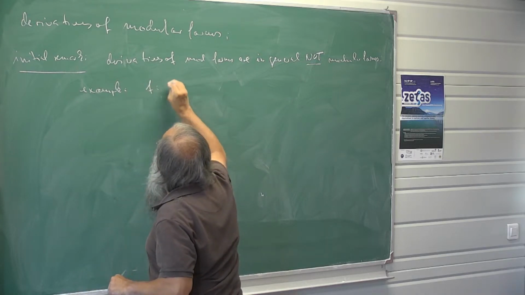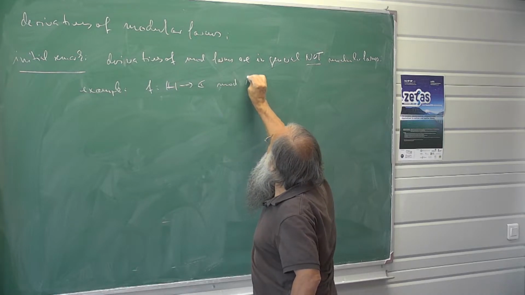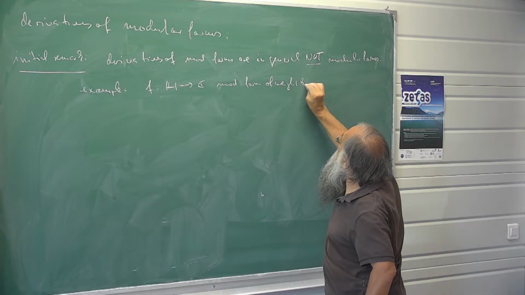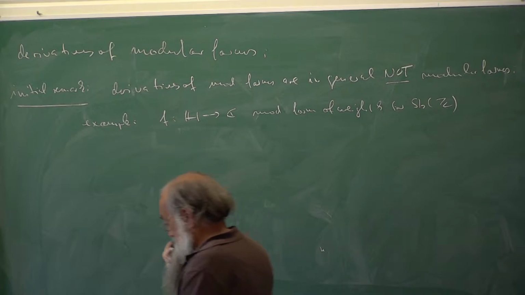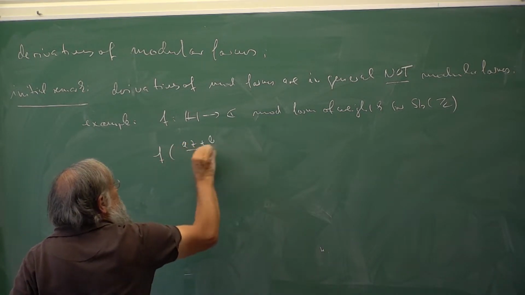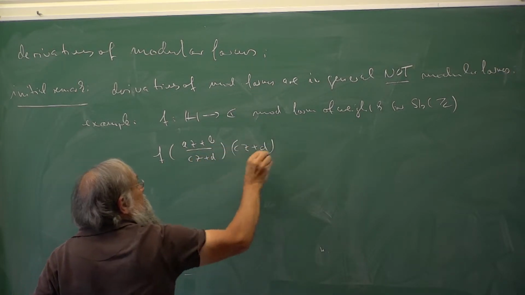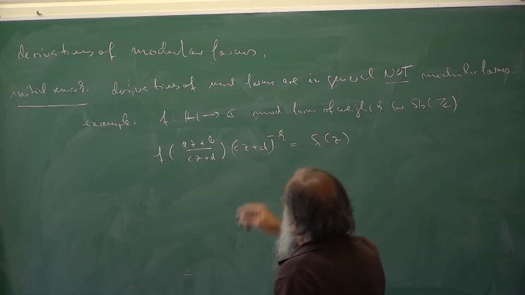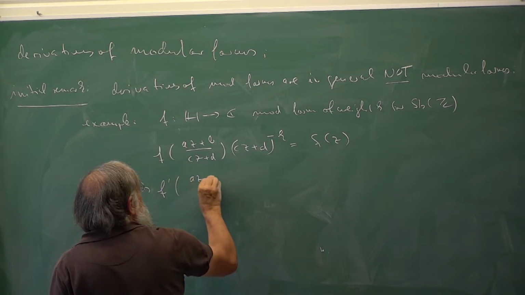You take f from H to C, and if you take the derivative, then you get f prime of z.